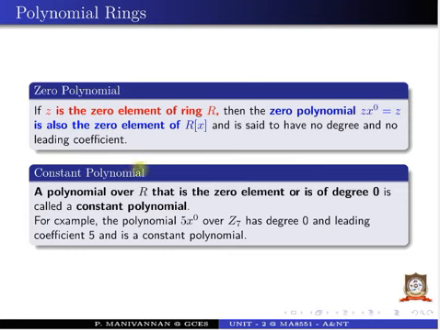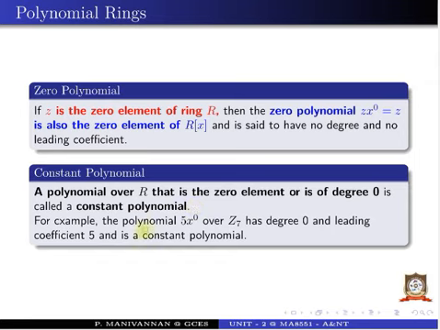Then what is the constant polynomial? A polynomial over R that is the zero element or of degree 0 is called a constant polynomial.